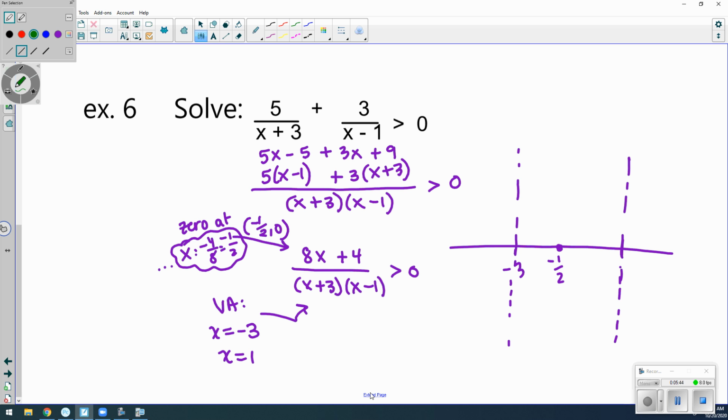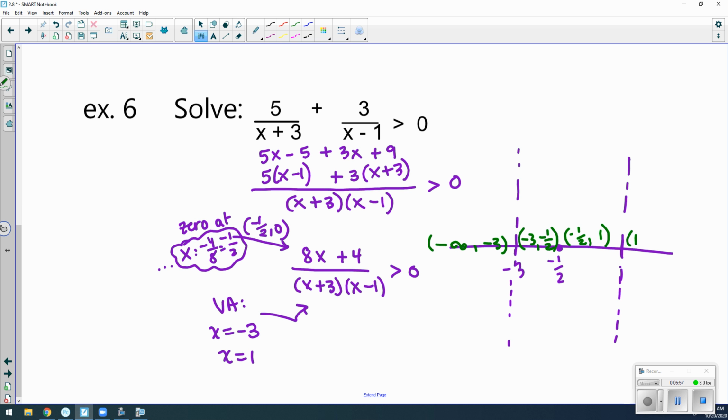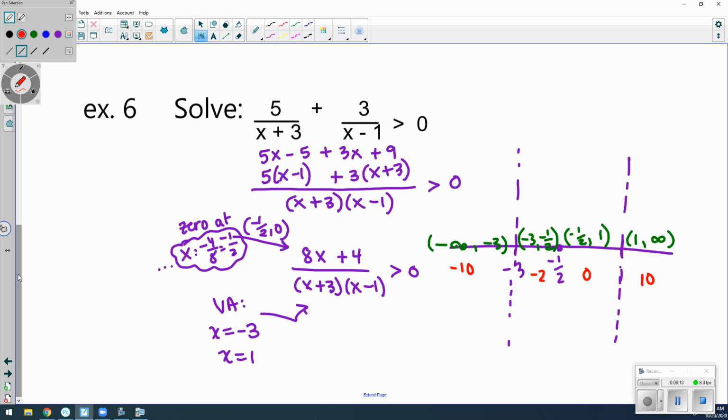What are my 4 intervals? From -infinity to -3, from -3 to -1/2, from -1/2 to 1, and then from 1 to infinity. Four intervals. For my test values, I'm going to use -10, -2, 0, and +10.